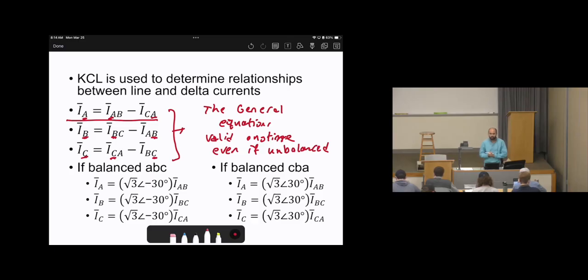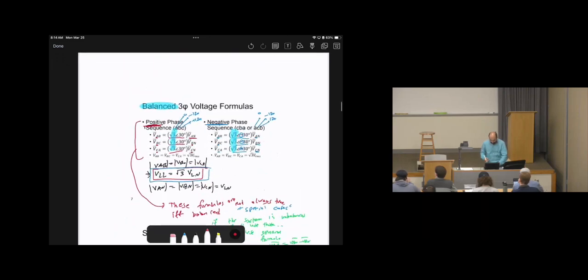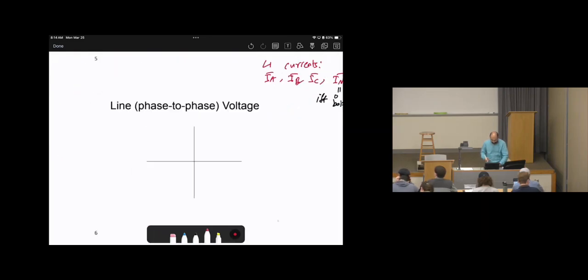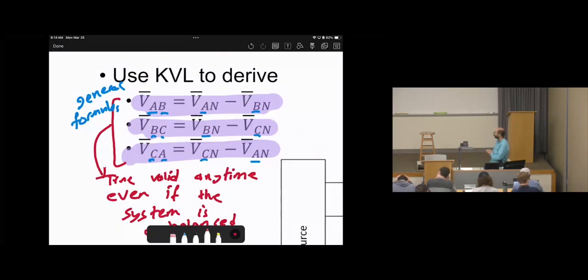So the same conditions that we used for VAB, VBC, VCA, we can also do for the delta currents. Just as a recall, for the line-to-line voltages, I said that VAB equals VAN minus VBN. Those are the general formulas that can be valid anytime, no matter if it is balanced or unbalanced.